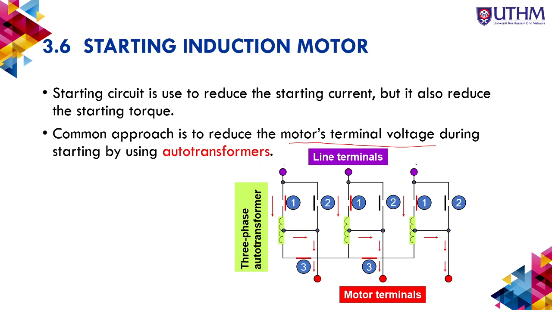From here they reduce the flow from the line because this is a transformer, so we step down the voltage and also reduce the line current. After that, they will open again, like opening the button and closing the next section over here.